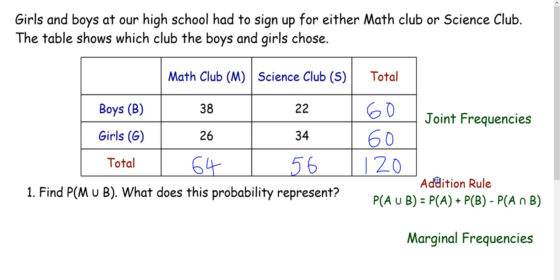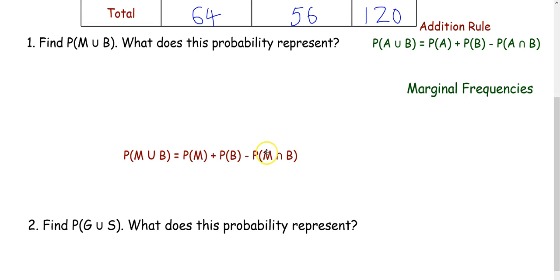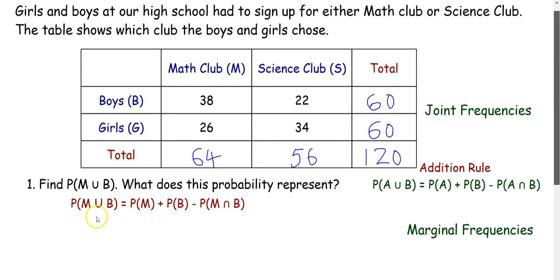The addition rule states that P of A union B equals P of A plus P of B minus P of A intersection B. So according to this problem, instead of A union B, we have M union B. So we can write P of M union B equals P of M plus P of B minus P of M intersection B.